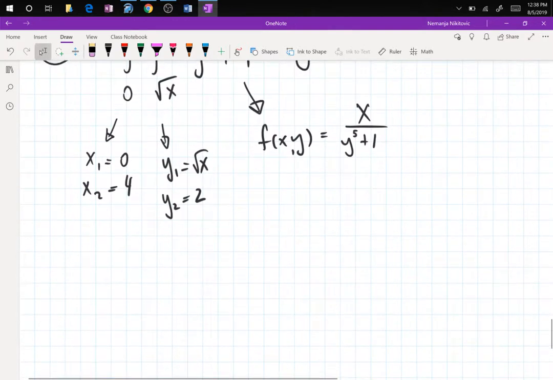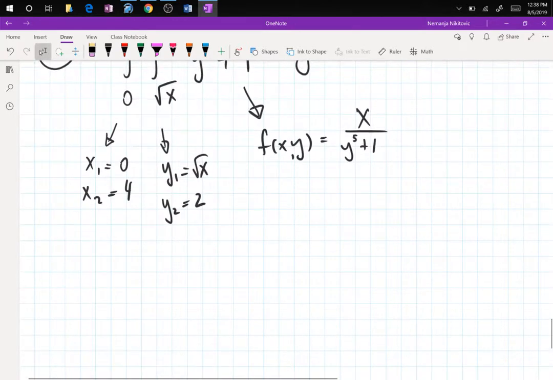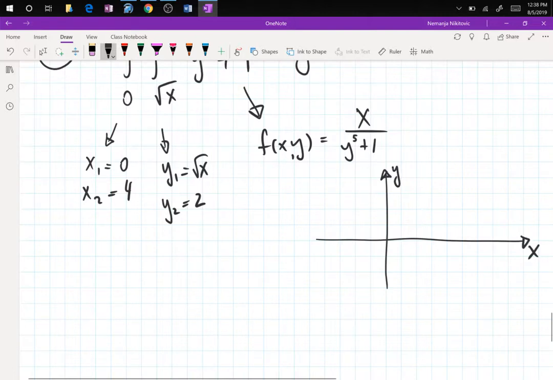You have the 4 functions. Step number 1 always is draw the domain, so you know what you're dealing with. These problems can't be solved in any other way, so you have to do this.